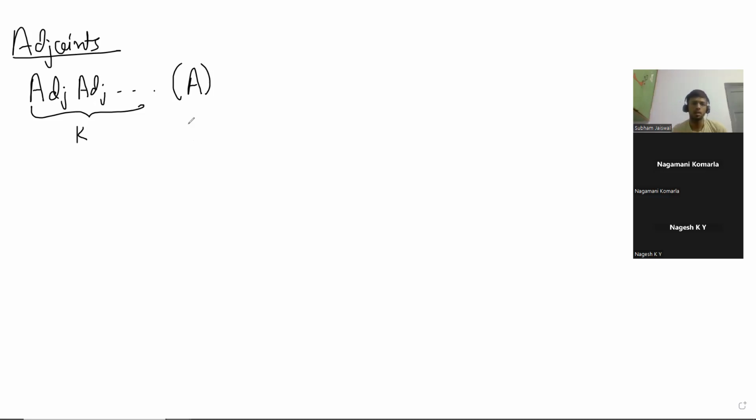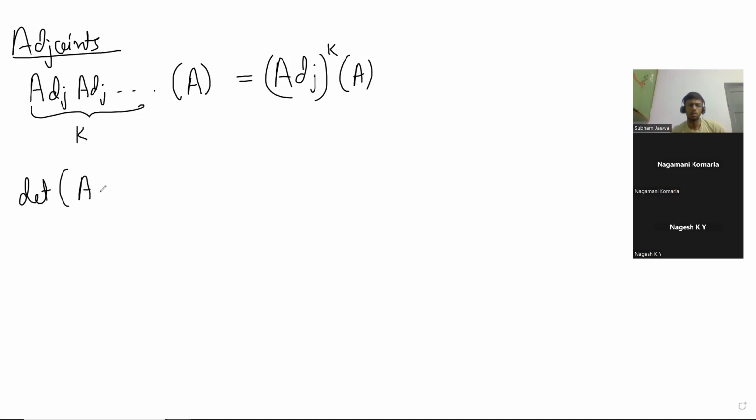Okay. So then what are you saying? The determinant of this is equal to the determinant of the k-th adjoint, which is equal to the determinant of A to the power (n minus 1), the whole thing to the power k, like (n minus 1) to the power k.